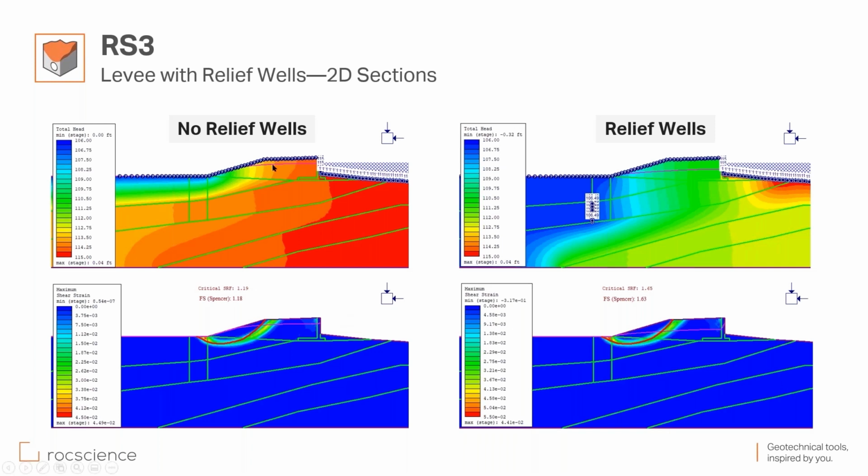The purple line here, the magenta line, indicates the location of the phreatic surface. Comparing the figure on the left with the right, you can see that when you have the relief wells, the water surface is dropping down to a lower elevation. And because of that, based on the concept of effective stress, the one that has the relief wells has higher effective stresses.